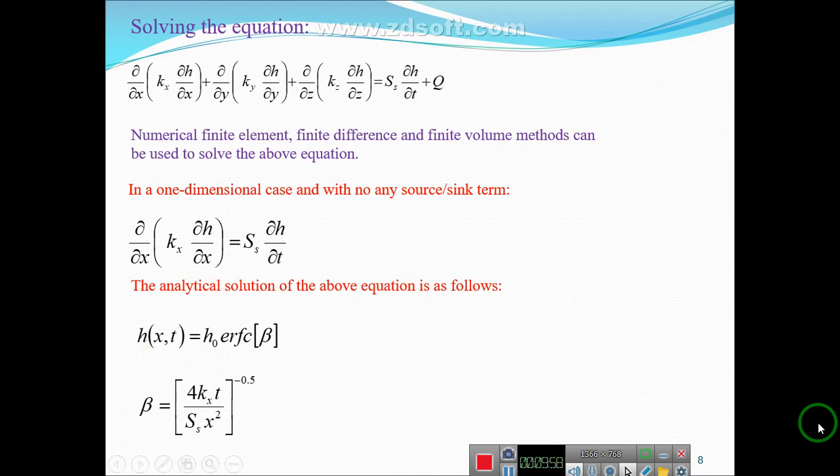It is given here. h equal to h0 times complement of error function for argument beta. Argument beta can be calculated using this expression. Here Kx is the hydraulic conductivity of aquifer, Ss is the specific storage, x represents the distance, and t is the time.